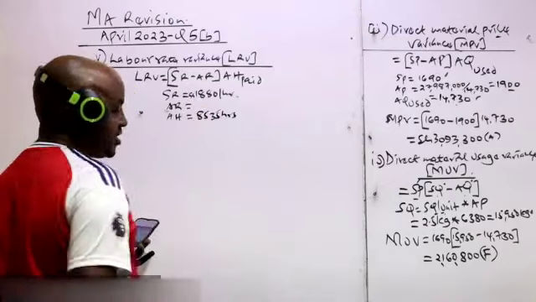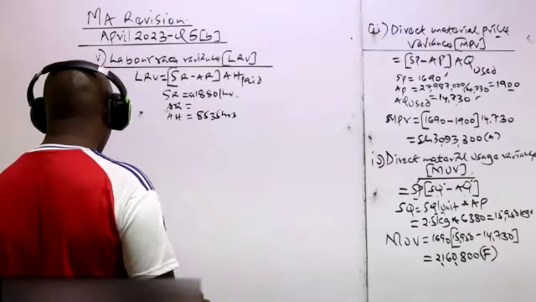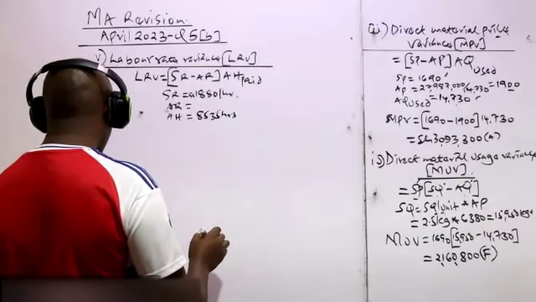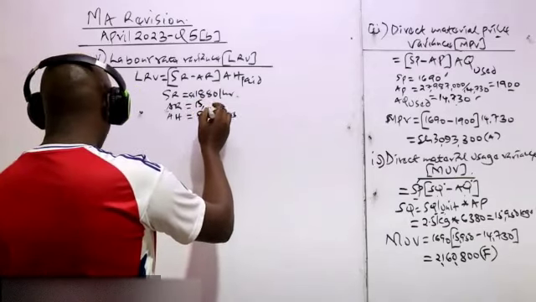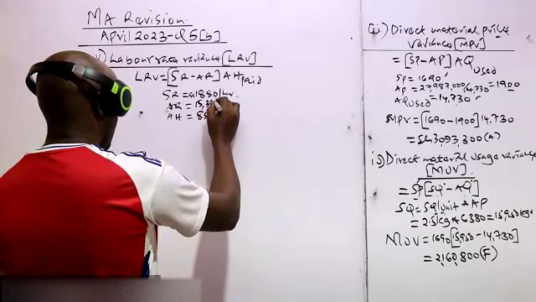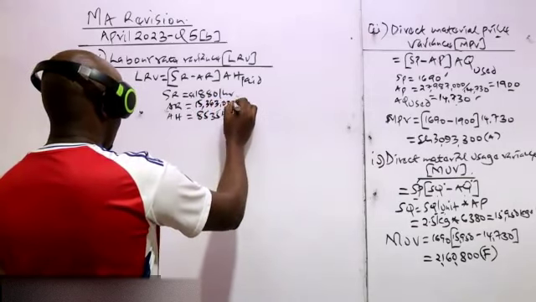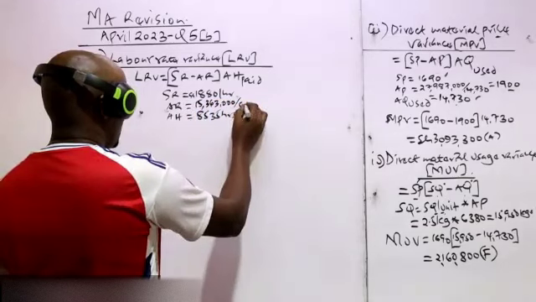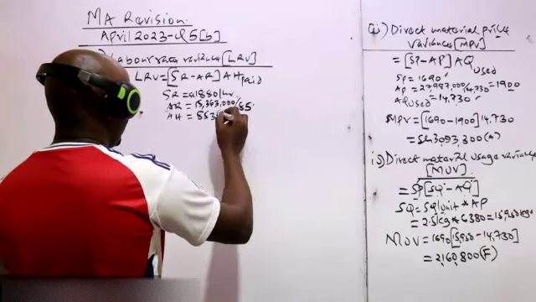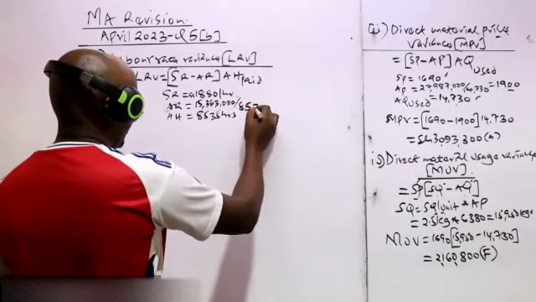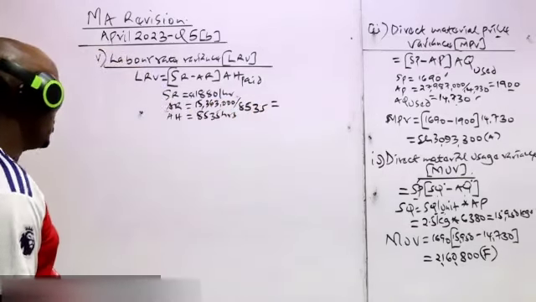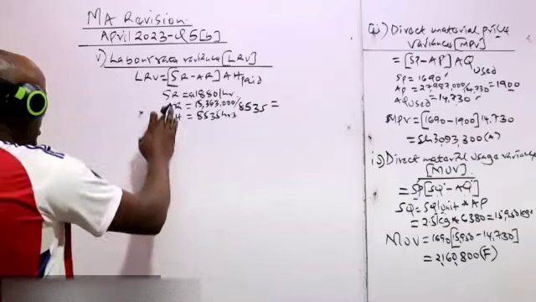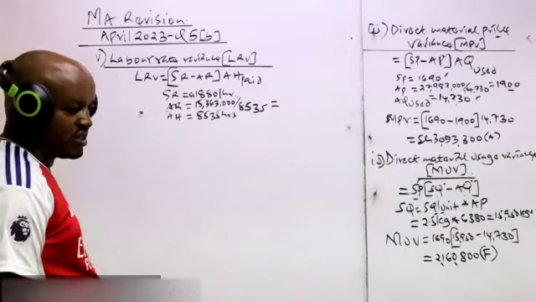We don't have the actual rate, but we can compute it by taking the actual direct labor cost, which is 15,636, and these figures are in thousands. We divide that by the actual hours, 8535. This will give us the actual rate per hour.